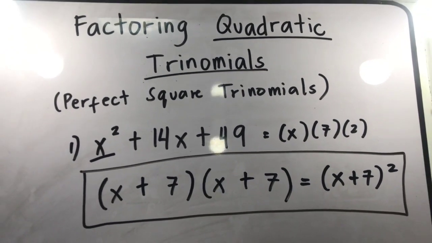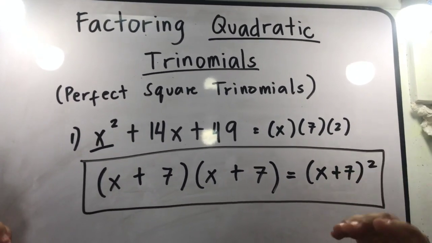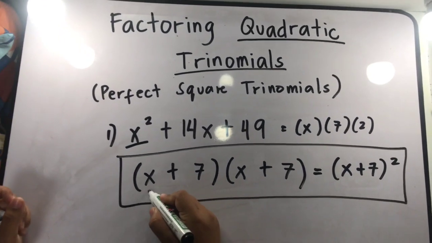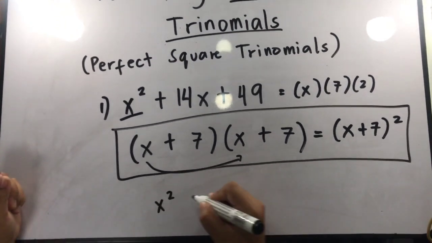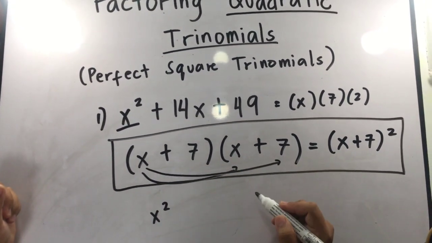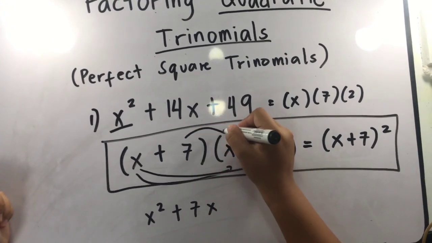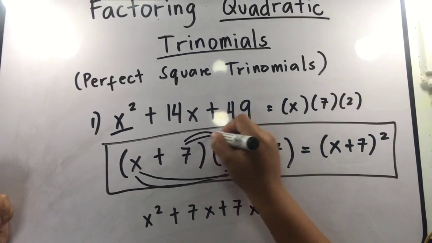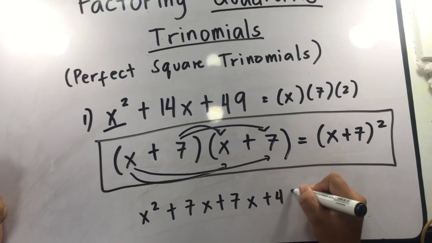Now, how are we going to know if these are the right factors? Of course, we will do the checking. So, try natin tong FOIL method. x times x is x squared. x times 7 is 7x. 7 times x is 7x. 7 times 7 is 49.